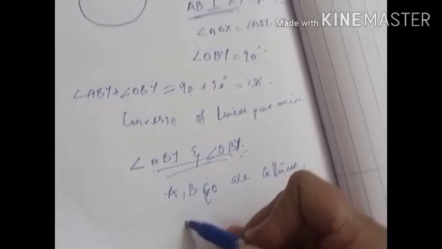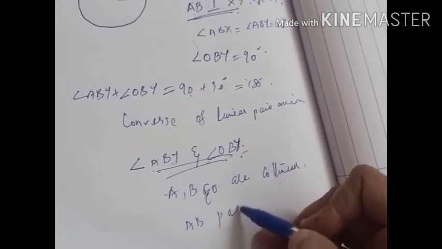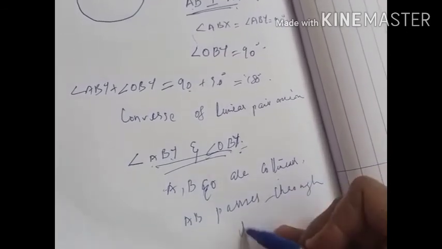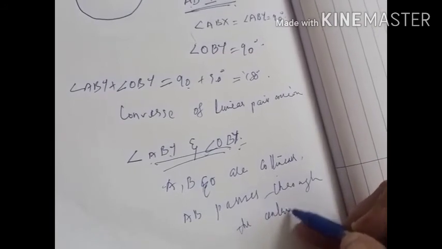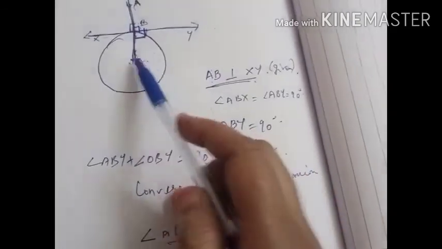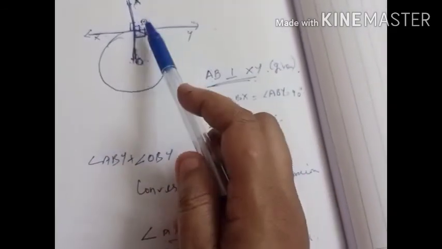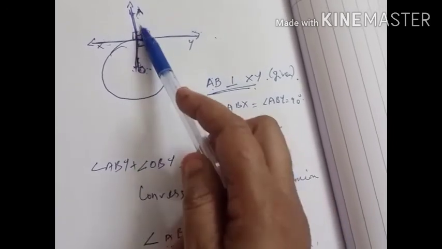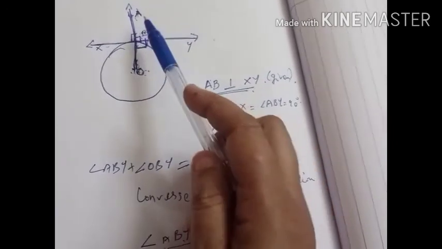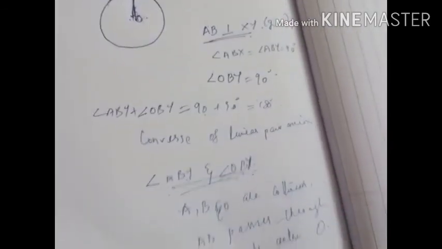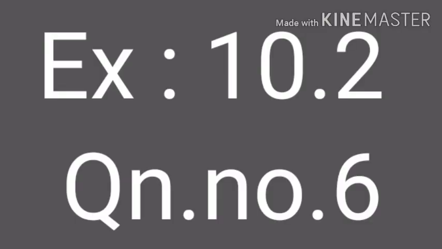That means the line AB passes through the center O. So we got ABY and OBY as a linear pair, which means A, B and O are collinear points. So AB passes through the center O. Hence it is proved. Now exercise 10.2, question number 6.